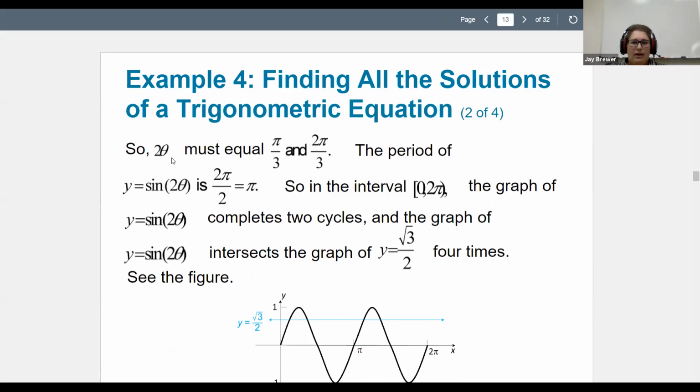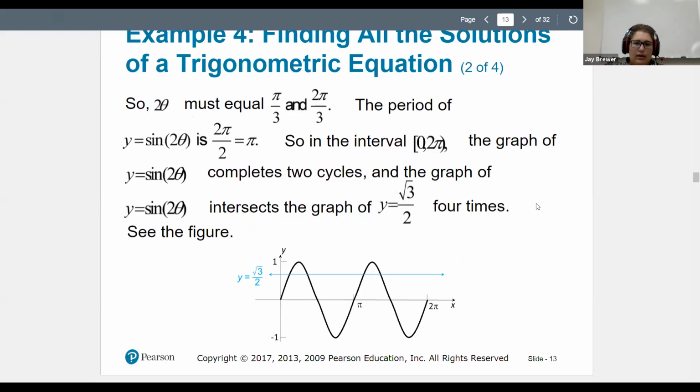So 2 theta has to equal pi over 3 and 2 pi over 3. The period of y equals sine 2 theta is just pi. So the interval cannot include 2 pi. So then it intersects 4 times. Here you can see it again.